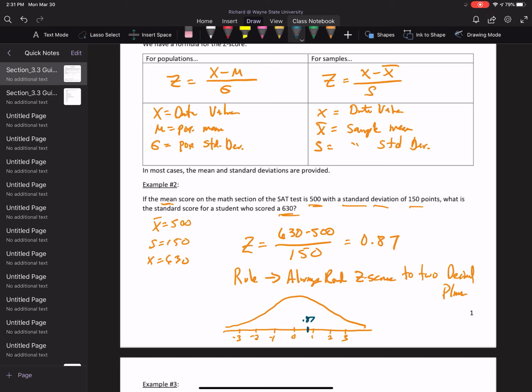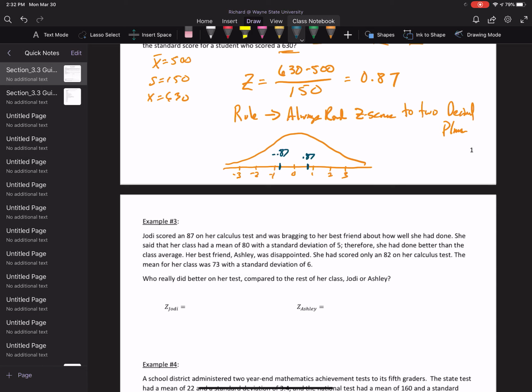But whether it's far enough above the mean is relative to whatever we're trying to do. So there's a little bit of interpretation there. If it was negative, we would be on this side, at negative 0.87, and we don't want a negative standard deviation if we're talking about scores on an SAT test.